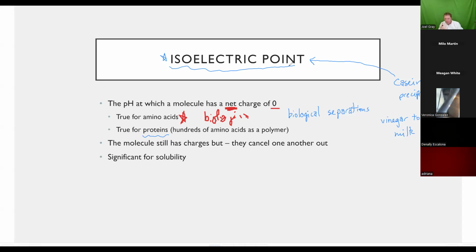So you're taking this substance, you have your supernatant and your pellet. And effectively, whenever you acidify milk, you make that casein part of the pellet, and then your whey proteins remain soluble. So understanding an isoelectric point is super important for the purposes of separations. Because when it comes to studying biological molecules and studying proteins, what we want to do is be able to separate proteins from a complex mixture.